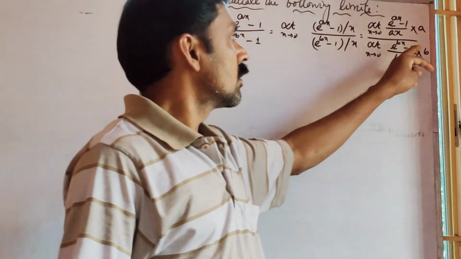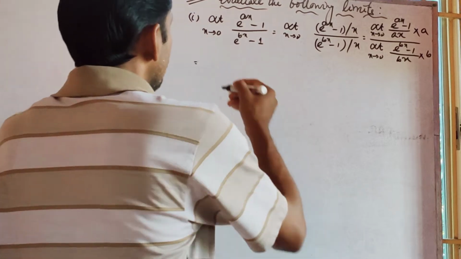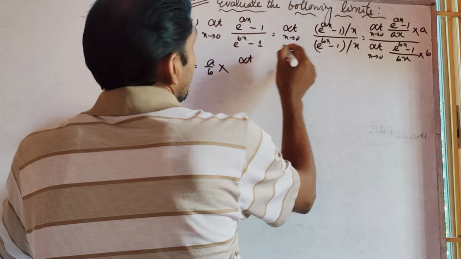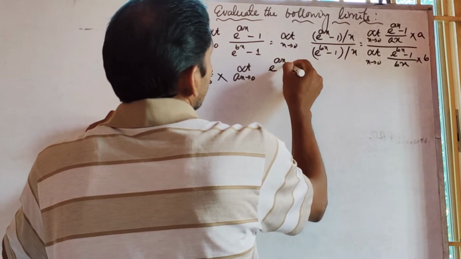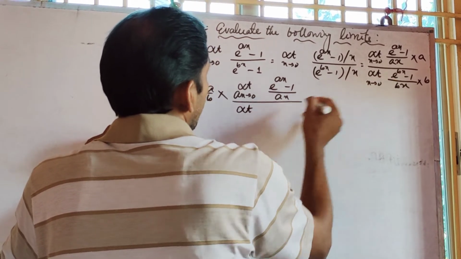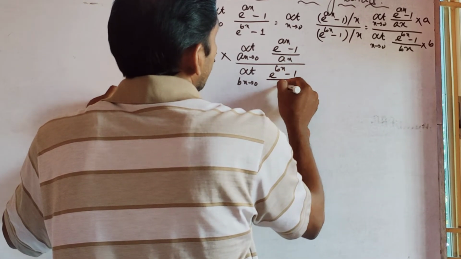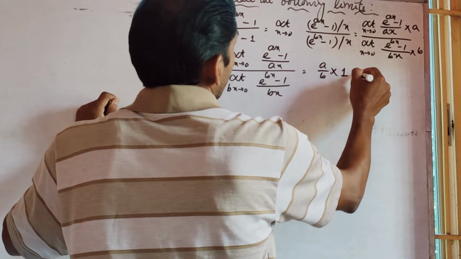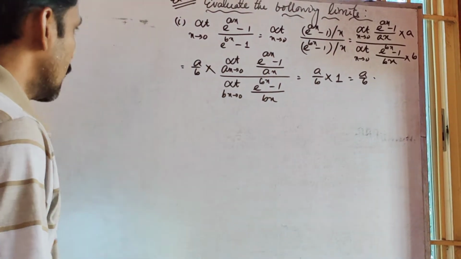So here a by b, you can take a by b into the limit x tends to 0, (e to the power ax minus 1) by ax, by limit bx tends to 0, (e to the power bx minus 1) by bx. So it is a by b into 1, that is a by b, because this value is 1.